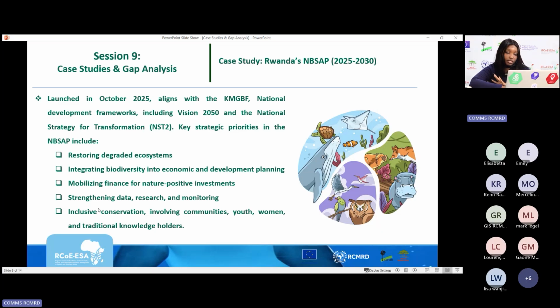Then we have mobilizing finances for nature positive investments. There is strengthening research and data. There is inclusivity, that is where community participation comes in, and they make sure they include the youth, the women, basically gender sensitive, and also the traditional knowledge of the communities.